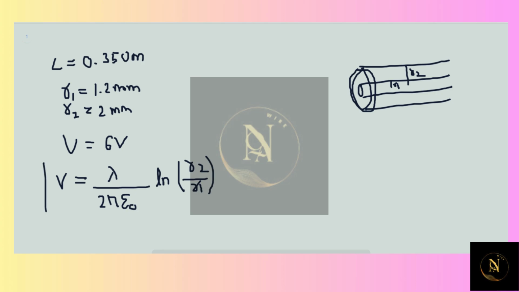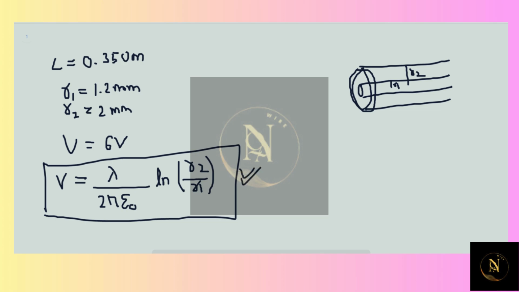This is the potential for the cylindrical capacitor, which we have already found in the previous problems. So using this, we can easily find lambda. If I rewrite this equation in terms of lambda, I have lambda equals 2 pi epsilon naught V divided by log of R2 by R1.